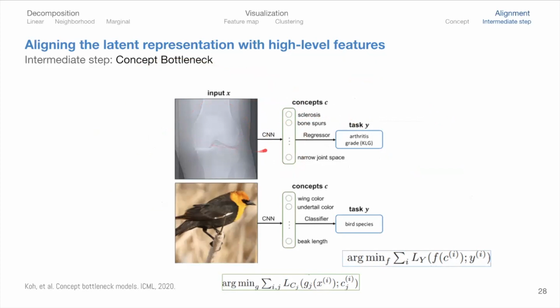First, we use a normal CNN and we insert a concept layer so that the CNN can predict the concept label as an intermediate step. And then based on the concept label, it then predicts the final task label. So during training, we had two loss functions.